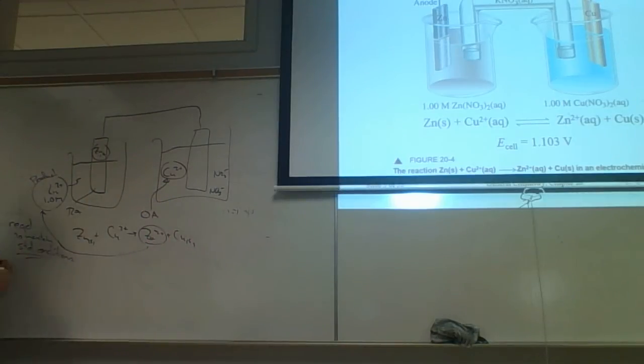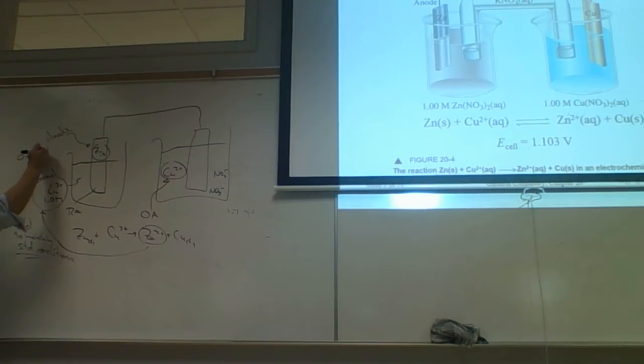Now let's talk about the construction of the cell. On the left beaker, we call this the anode. In fact, this piece of metal here, the zinc, is the anode itself. And this is called the anode part of the cell. At the anode part of the cell, oxidation occurs.